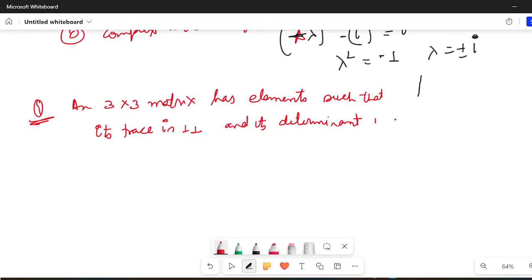The eigenvalues are all known to be positive integers.